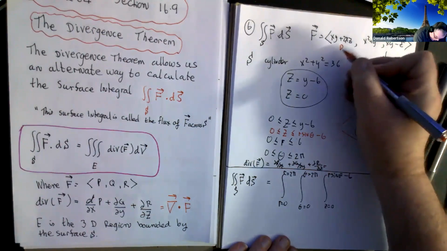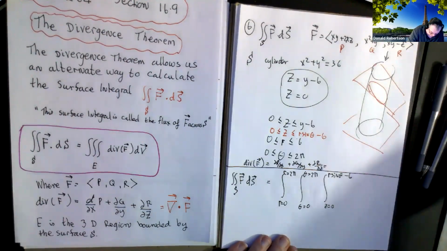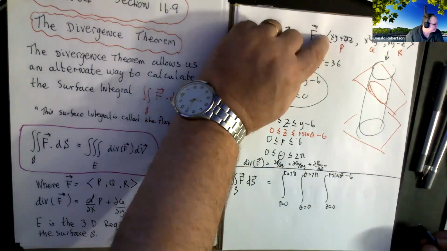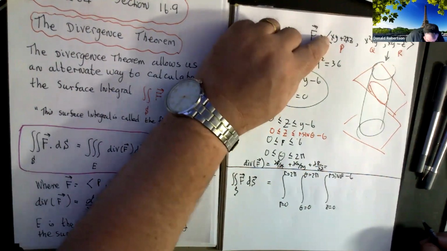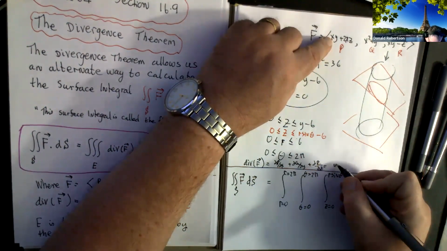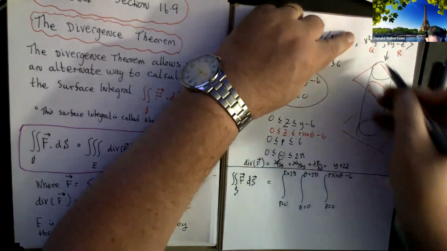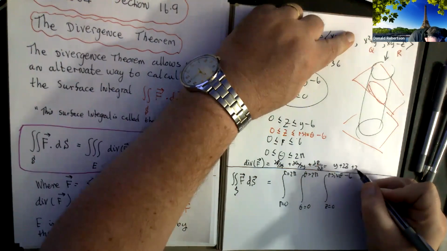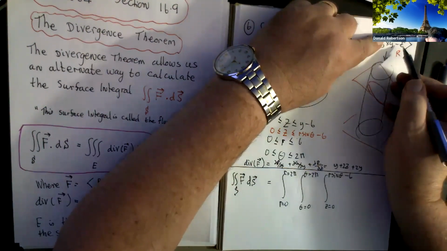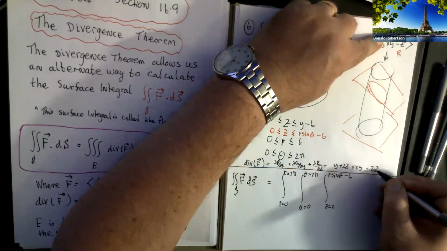Your p, your q, and your r. Now, if you do this guy, check him. If you do this guy with respect to x, you get y plus 2z. If you do this guy with respect to y, you get 2y. And if you do this guy with respect to z, you get minus 2z.